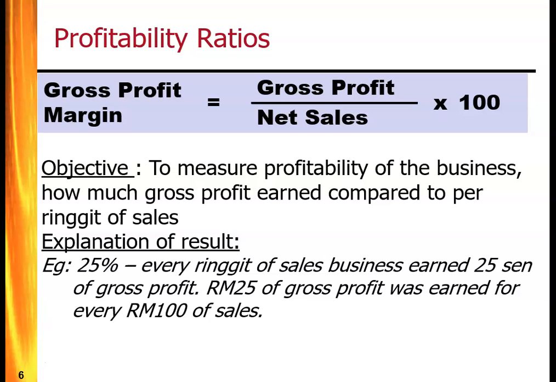Or you can say 25 ringgit of gross profit was earned for every 100 ringgit of sales. Do not use both. Just choose one, whether you want to explain over every ringgit or over every 100 ringgit of sales. Don't use both, okay?